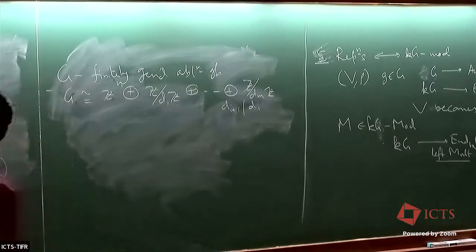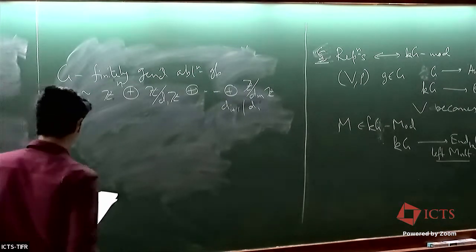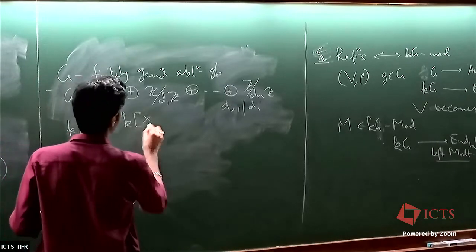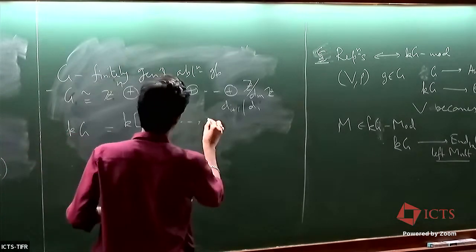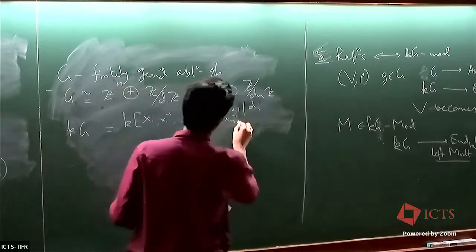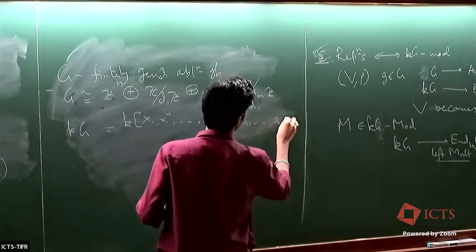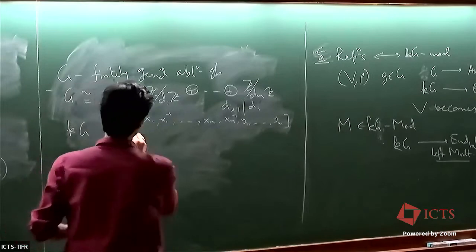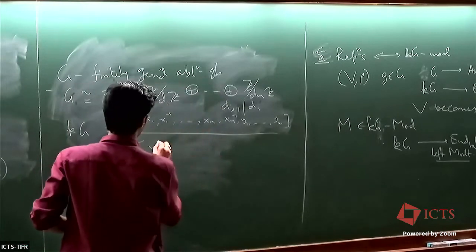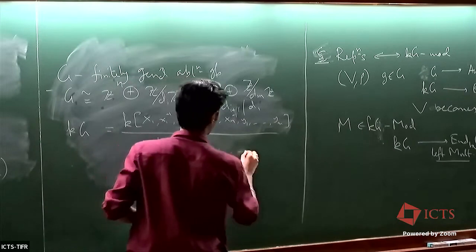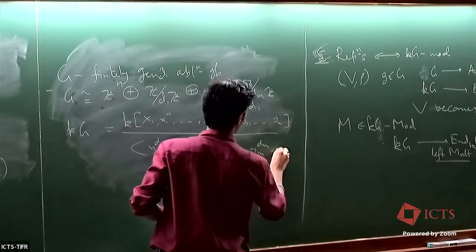So combining this one and that one at the extreme right gives us KG to be, so put n many xi and xi inverse because of the Z components, and then put m many yi's for the finite cyclic components, and the ideal is generated by y1 to the power d1 minus 1, y2 to the power d2 minus 1, and so on up to ym to the power dm minus 1.